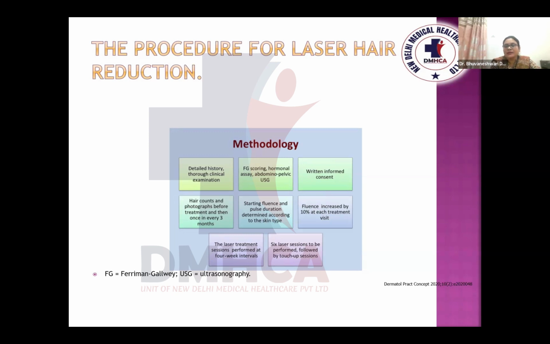Later on, we can proceed for a 1.5 month interval also, and 6 laser sessions to be performed, followed by touch-up sessions. So maximum we can proceed up to 10 sessions also. So average is 6 to 8 sittings. Then we have to give the touch-up sessions. So this is the protocol.